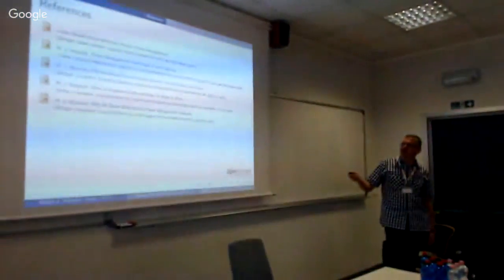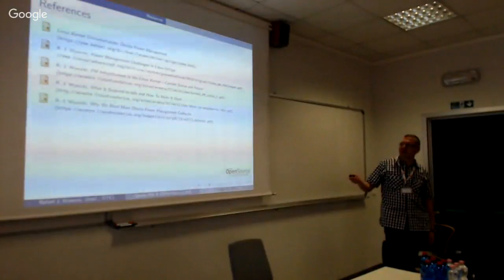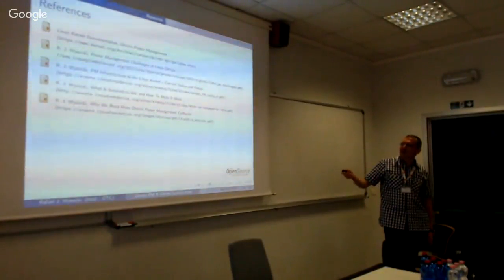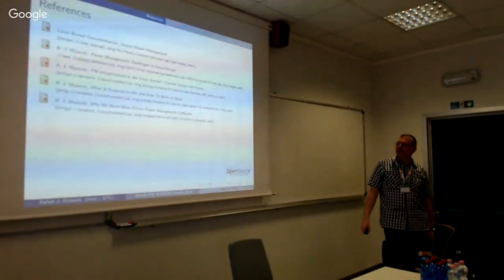There are a few references, and I would like you to at least have a look at the kernel documentation. It is available from kernel.org. If you look at the latest HTML documentation, there is a device API document, a device power management document.